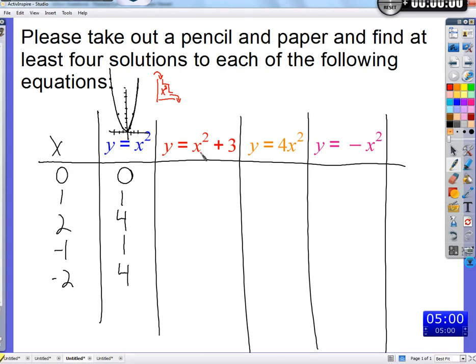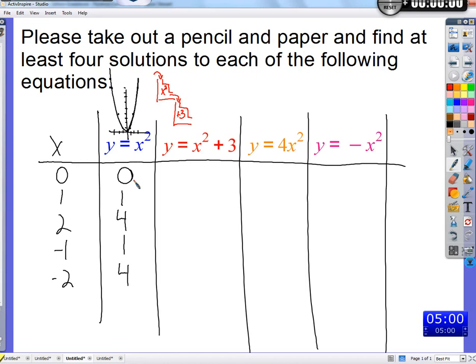When it gets done squaring something, it takes that output and adds 3 to it. So think about what that would do to the output. Think about what that would do to the graph. And the graph is just input and output as well. It's the exact same thing as writing 0, 0, only instead of writing the number 0 and the number 0, we write a dot at 0 and 0.